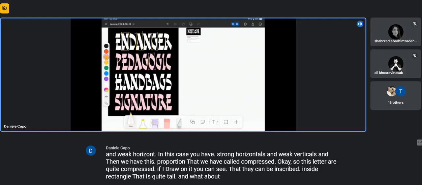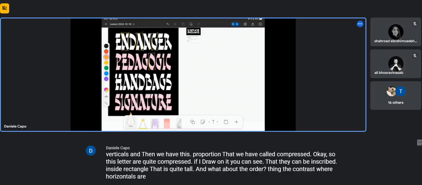And what about the other thing, the contrast, where horizontals are stronger than verticals?